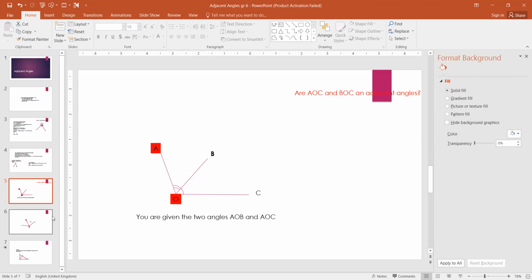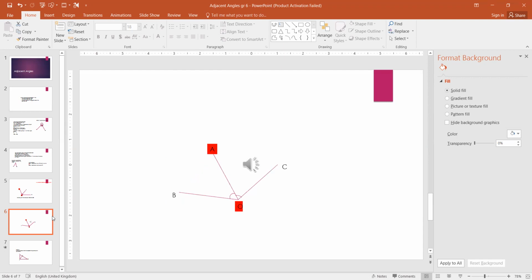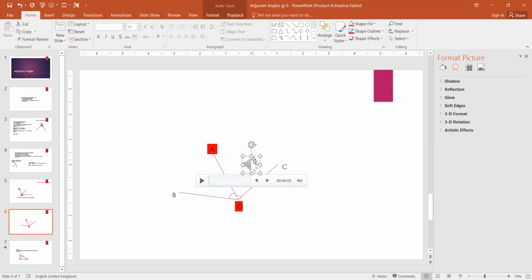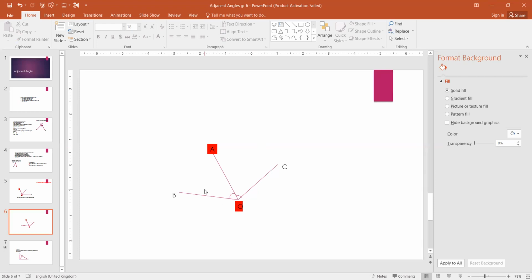Let's move to the next slide. For example, those two angles, AOC and AOB. The common side is AO. The common vertex is O because it's joining the two angles AOB and AOC.